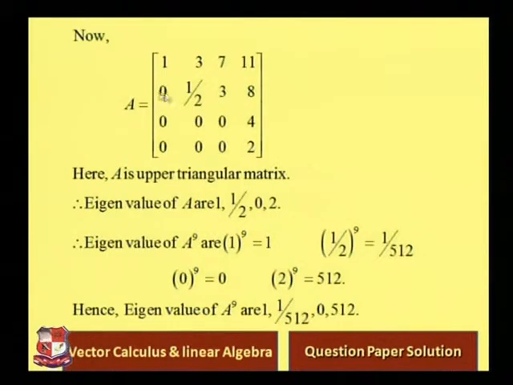Now here, given that this is our 4 cross 4 matrix, that means 4 rows and 4 columns.